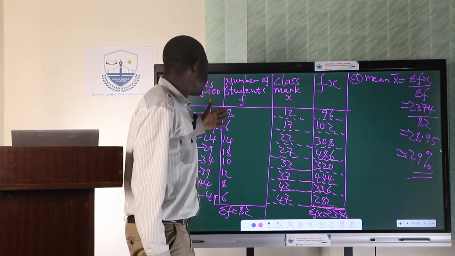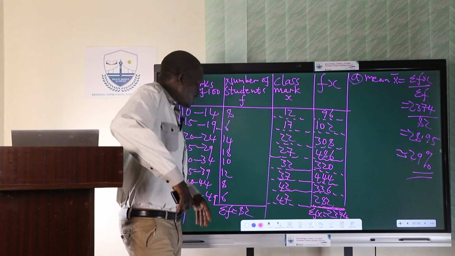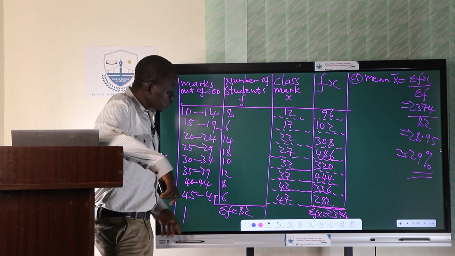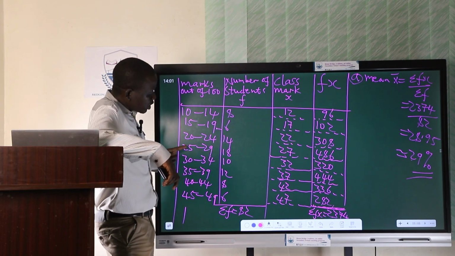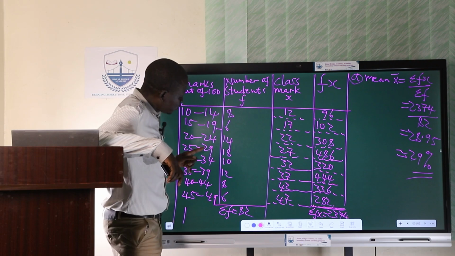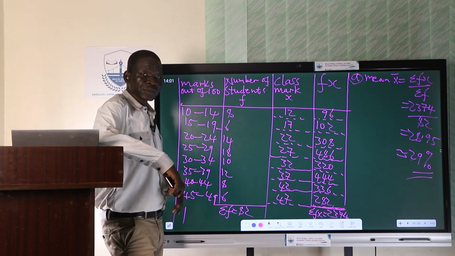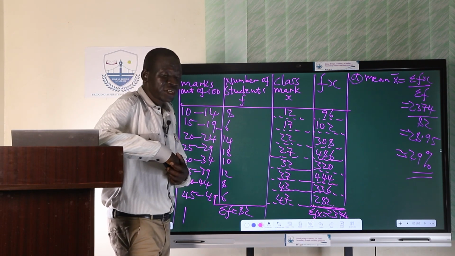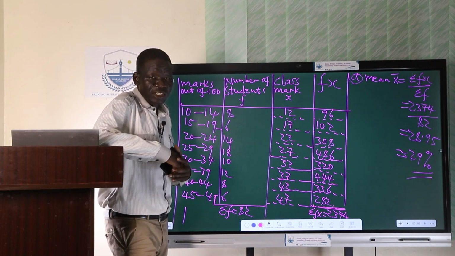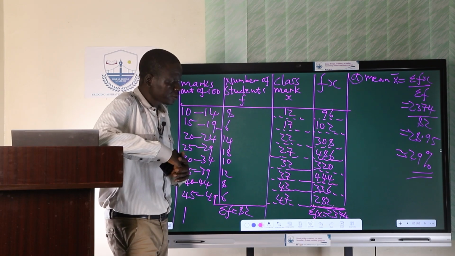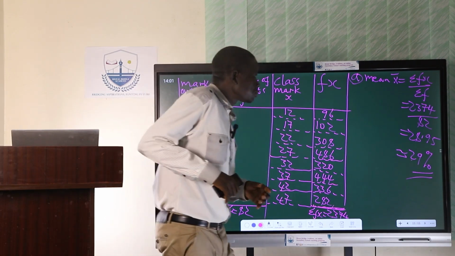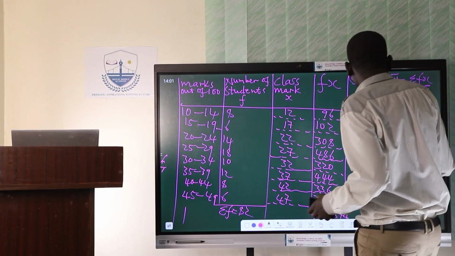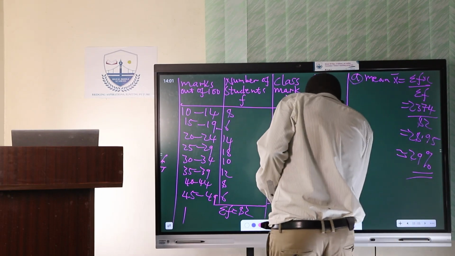So when you look at the frequency values, we find that the highest frequency is 18. So 18 corresponds with the class of 25 to 29, meaning that this class of 25 to 29 gives us the modal class, and that is where the mode lies. We can now calculate that.